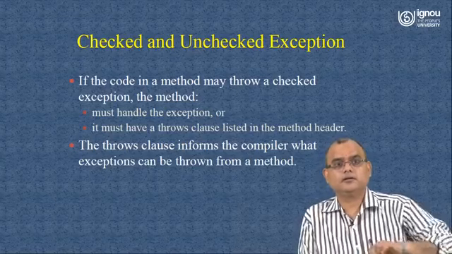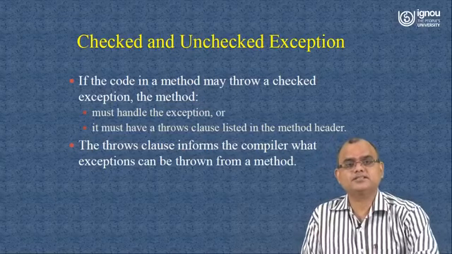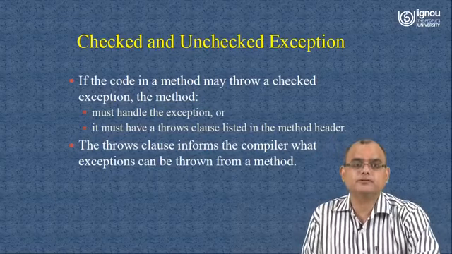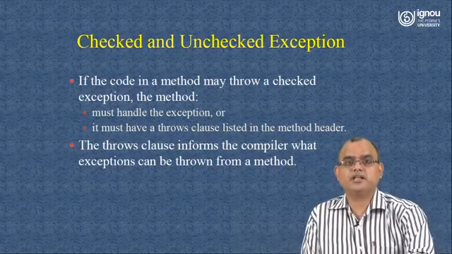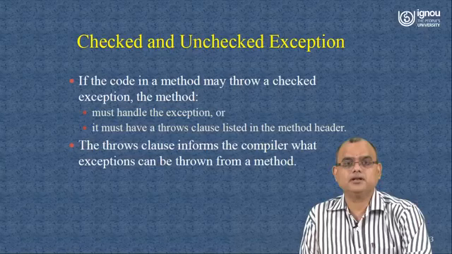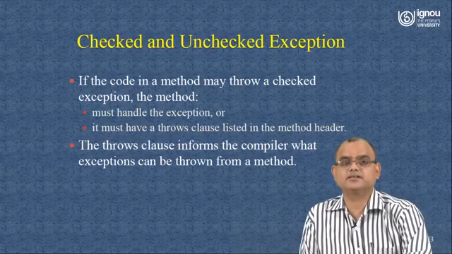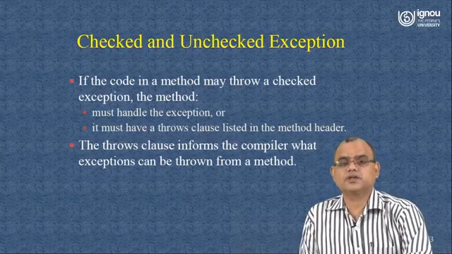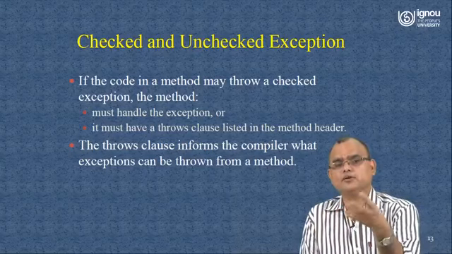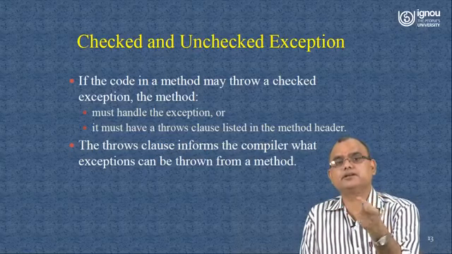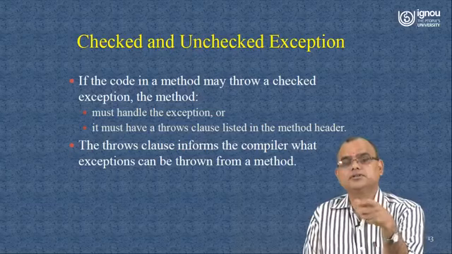Now if we go for checked and unchecked exceptions, we can say that if the code in a method may throw a checked exception, the method must handle that exception, or it must have a throws clause listed in the method header, so that it indicates to the compiler that this particular method is expected to throw some exception.